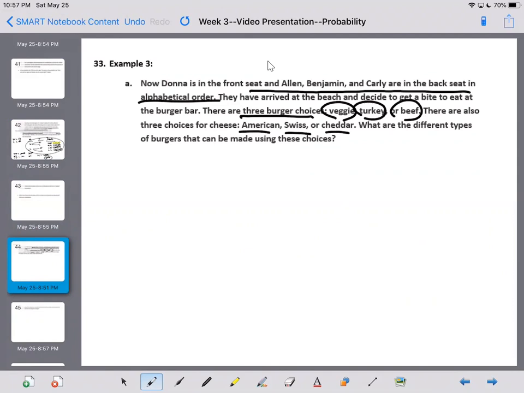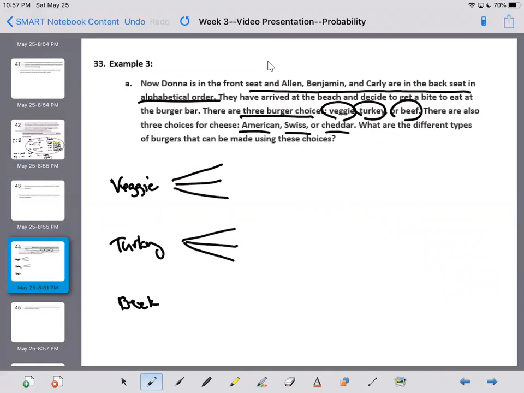Well, you've got veggie, turkey, and beef. And based on those, you have 3 choices. And those choices would be American, Swiss, or cheddar.